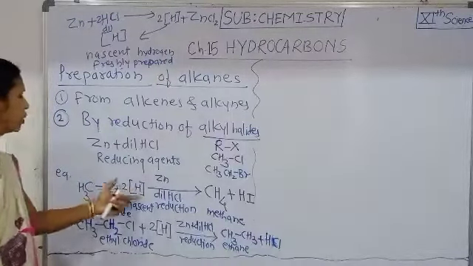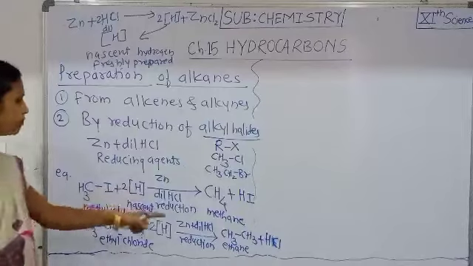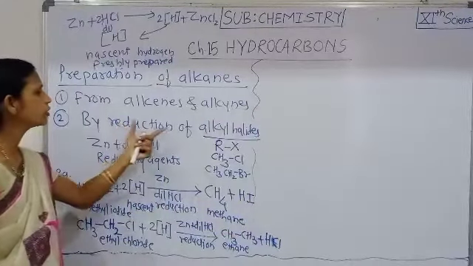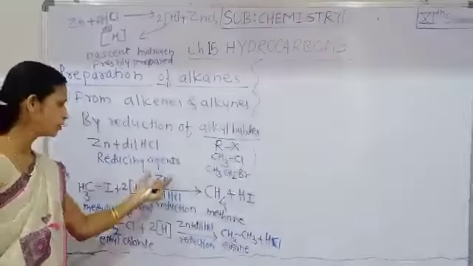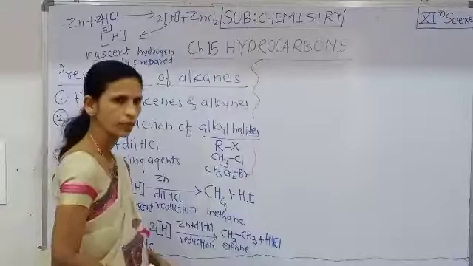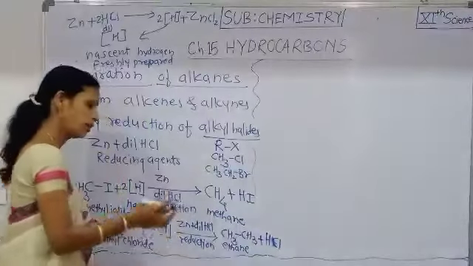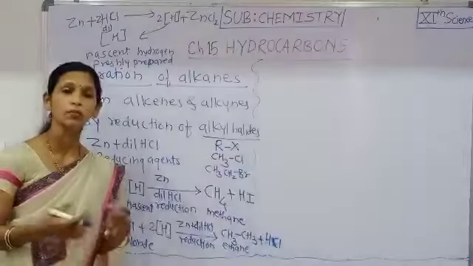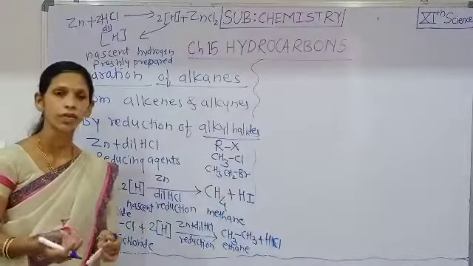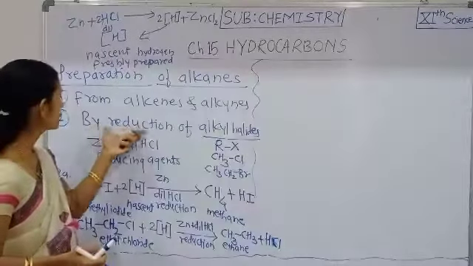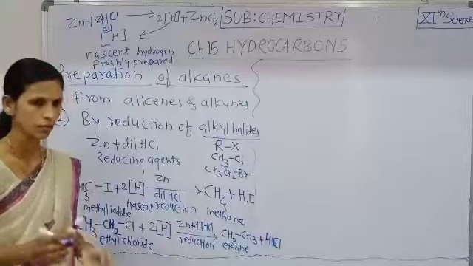That is one of the preparation methods of alkanes: reduction of alkyl halide using the reducing agent zinc and dilute HCl. We can also prepare propane, butane, isobutane, those types of alkanes, by reduction of the corresponding alkyl halides.